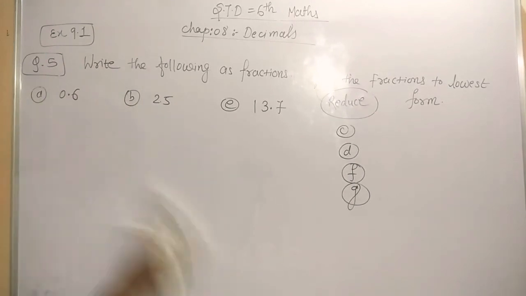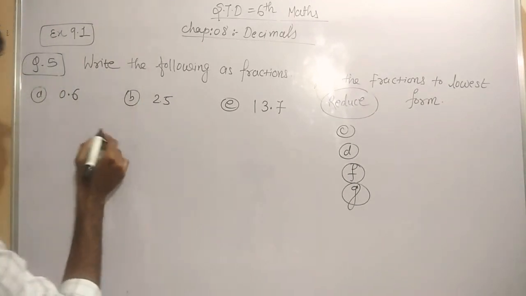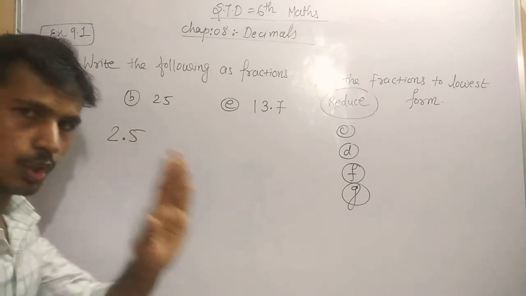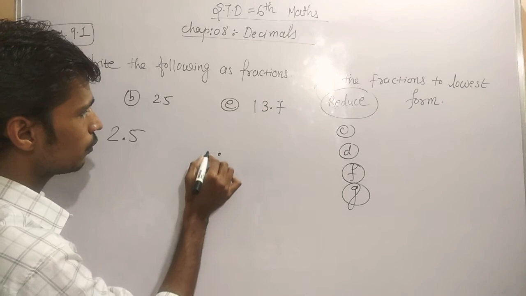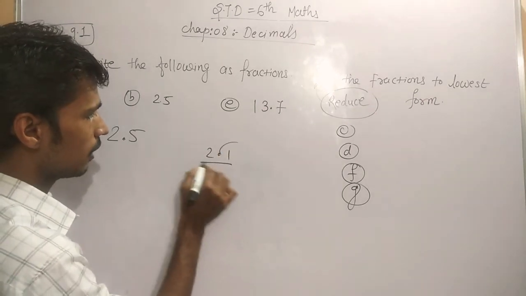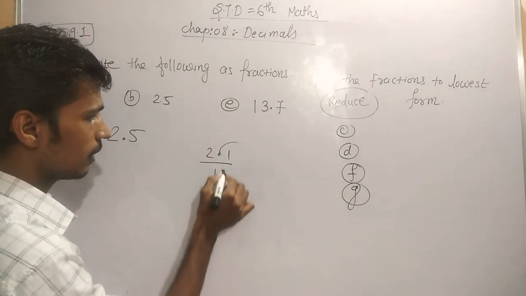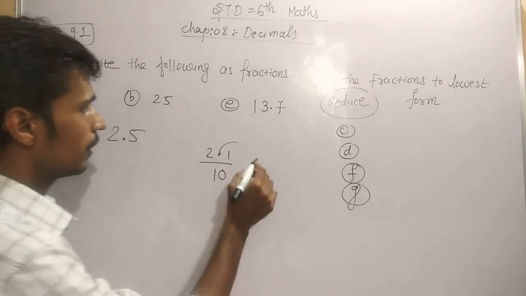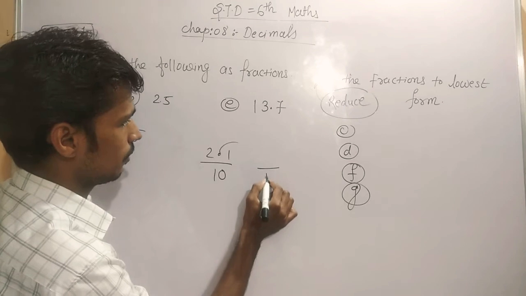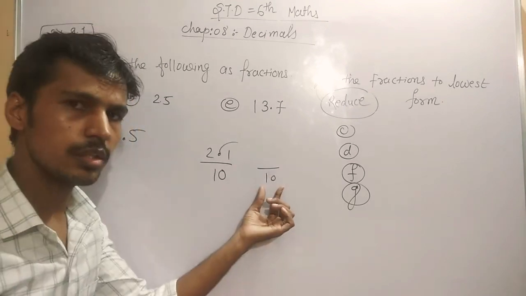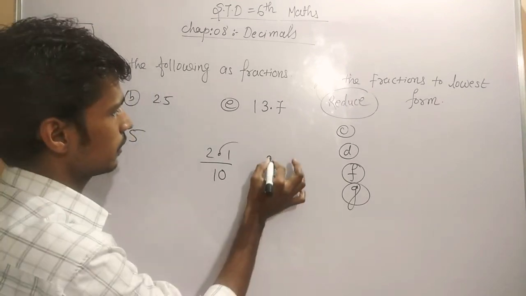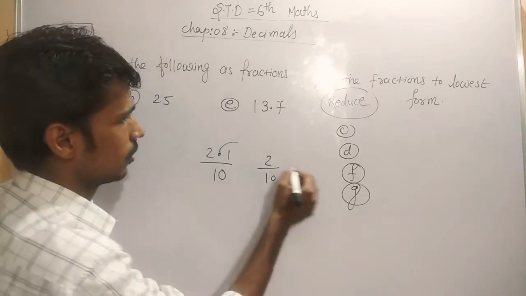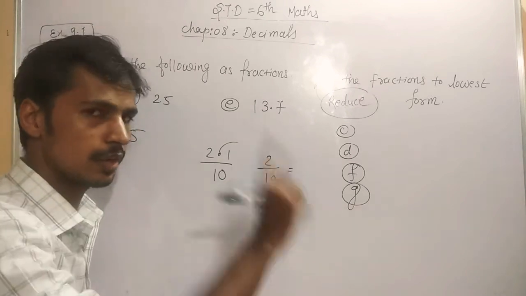Now the next sum is 2.5. Student, you know very well, if I remove the decimal, then 10 will come in the denominator. If there is 10 in the denominator, then the decimal will come after one digit.